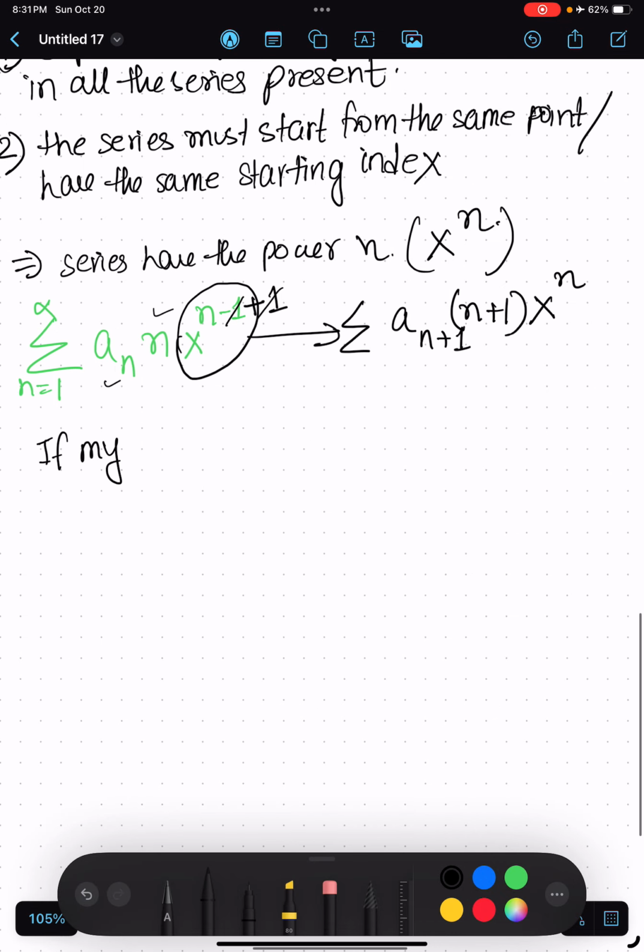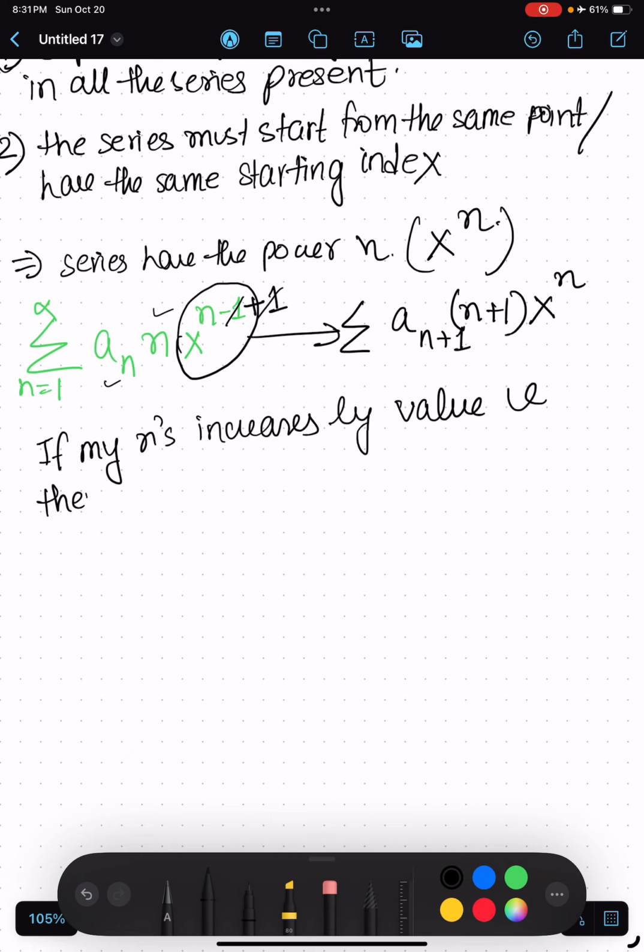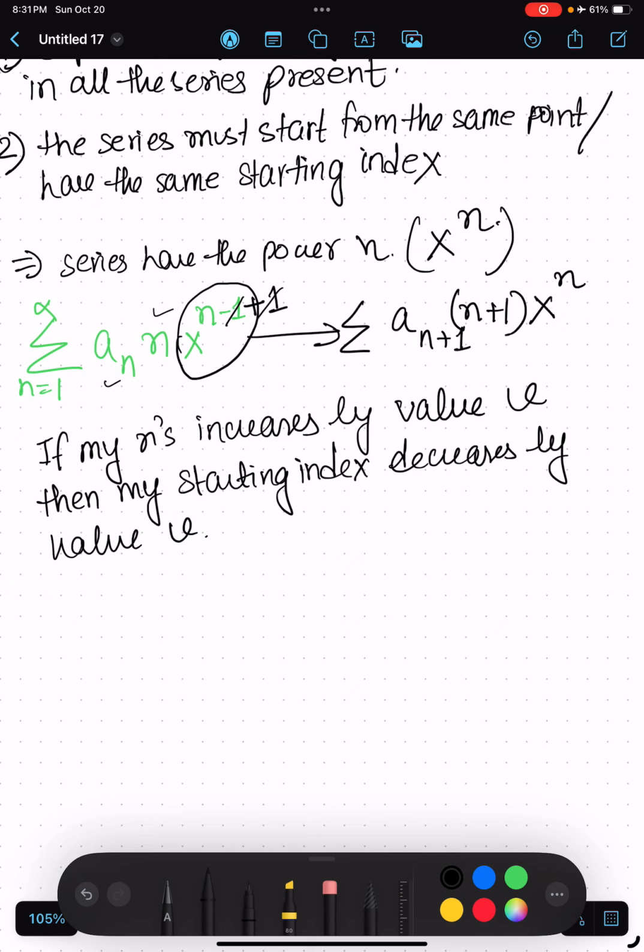If my n's increase by a value, let's say v, which could be any value, then my starting index decreases by value v, and vice versa.